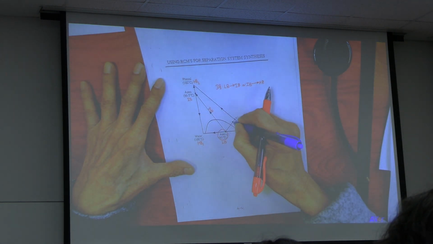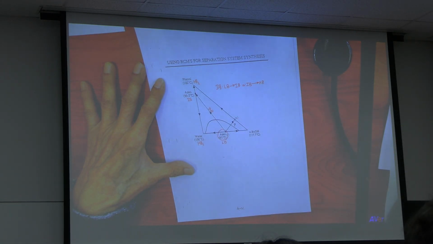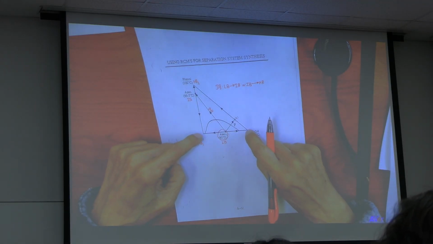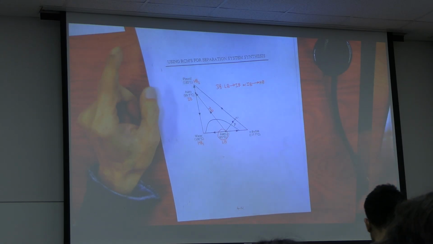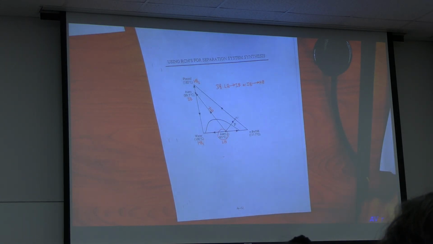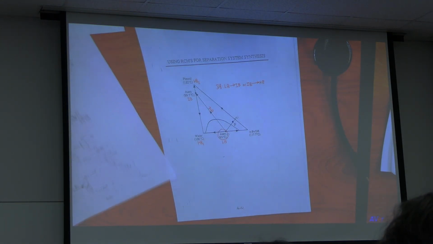Now, given the feed is right here, you want to get both components, phenol and butanol. How do you separate them?